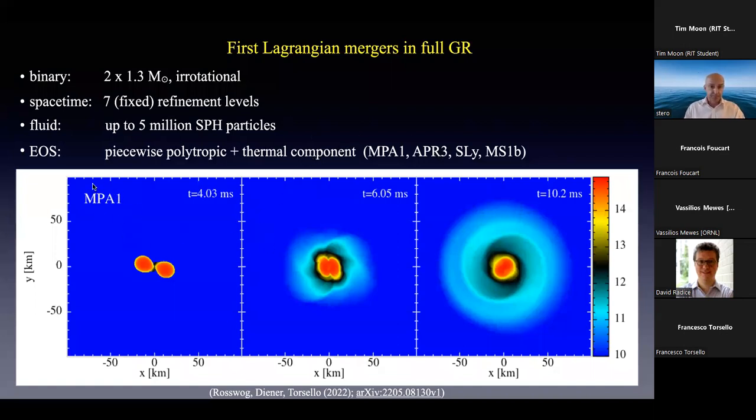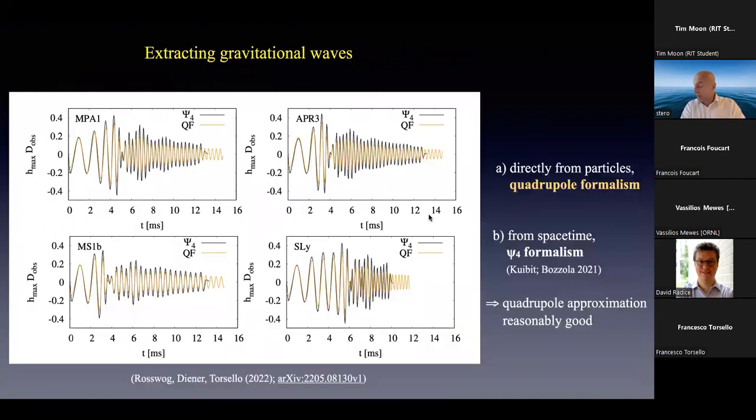This is just a couple of snapshots from the MPA1 equation of state, just to illustrate how these things look. We can then also extract gravitational waves. As I said, our space-time part is nearly the same as what is done in Eulerian methods. On the one hand, we could use the particles within the quadrupole approach, calculate time derivatives of the quadrupole moments from the particles, and calculate gravitational wave amplitudes.